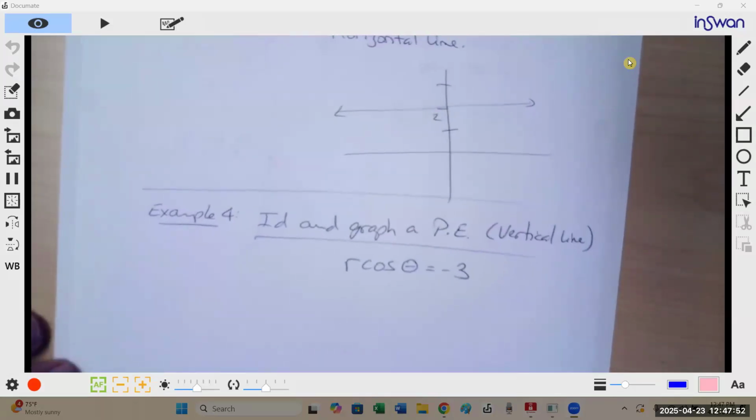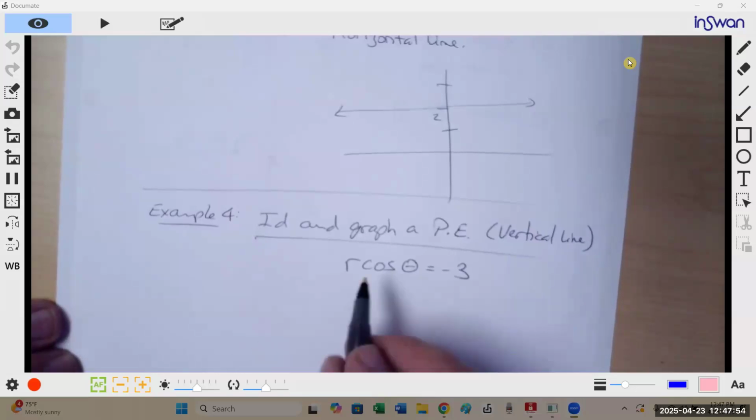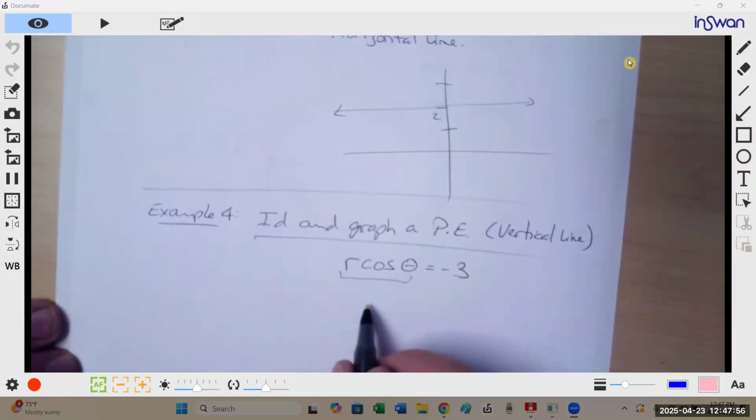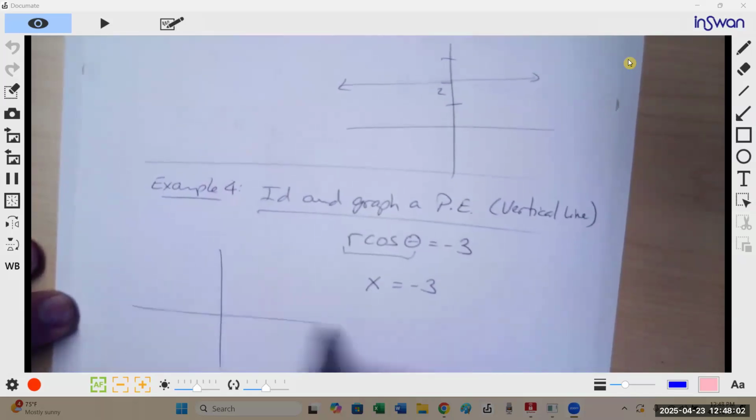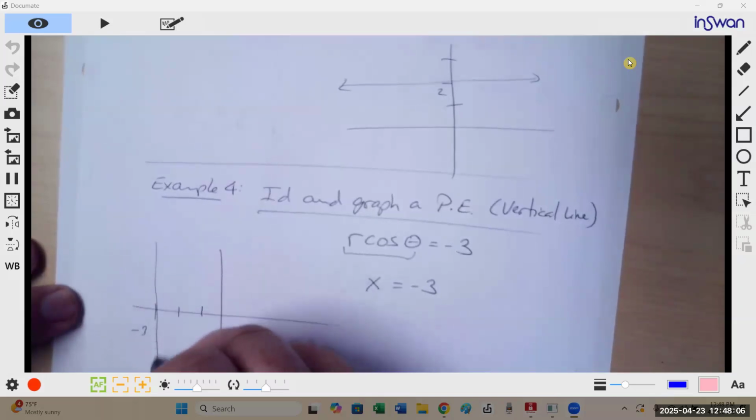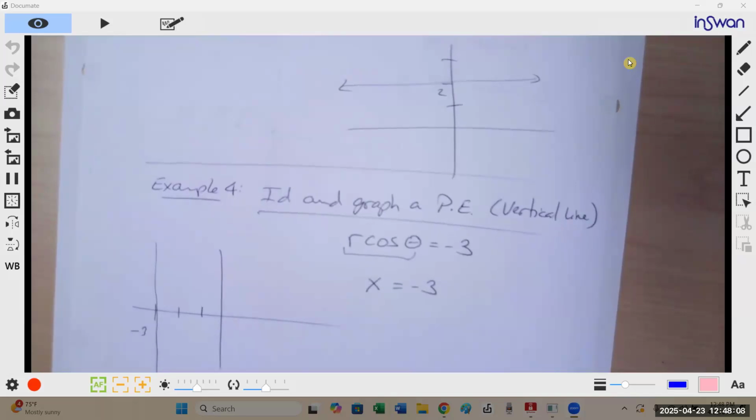Same steps as the other one. R cosine theta equals x. So x equals -3. So therefore your graph is a vertical line at -3.